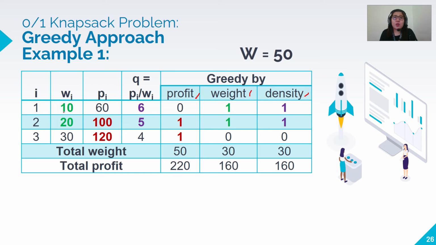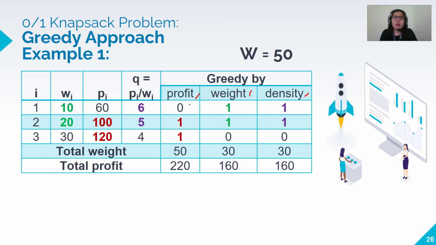We have 3 items with its corresponding weight and profit, or ang other term for profit is value. Getting for the density or profit per weight, we will divide profit by the weight. So here, 60 divided by 10, we have 6. 100 divided by 20, that is 5. 120 divided by 30, that is 4.